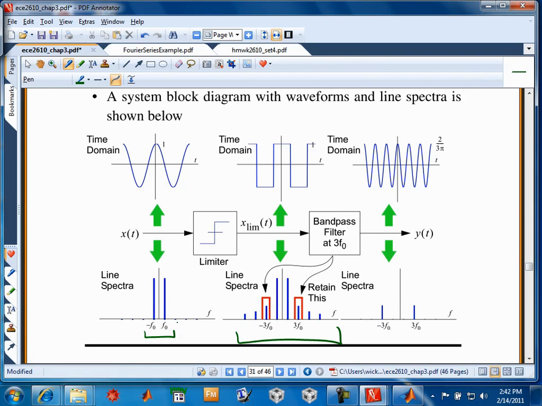It comes out of the limiting circuit with spectral lines at f0, plus and minus 3f0, plus and minus 5f0, and so on. For the tripler, we just want to retain the plus and minus 3f0 spectral lines, because that corresponds to the cosine at 3f0. So the bandpass filter comes along and sifts the signal such that we only retain the third harmonic.